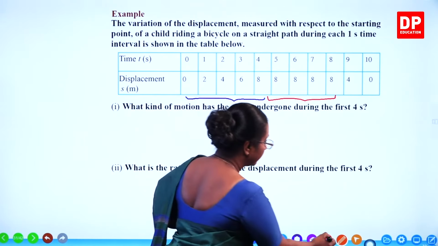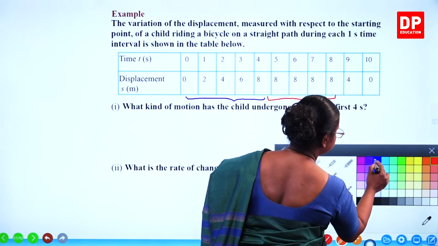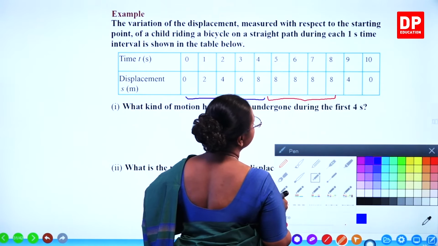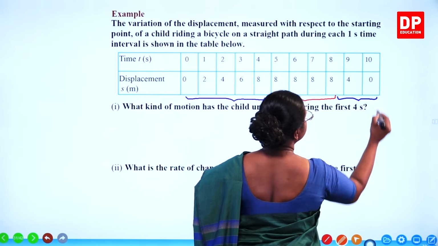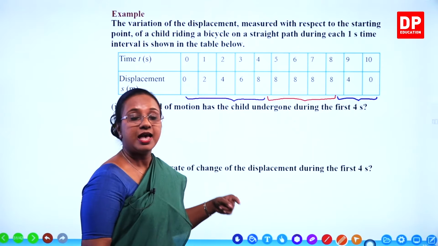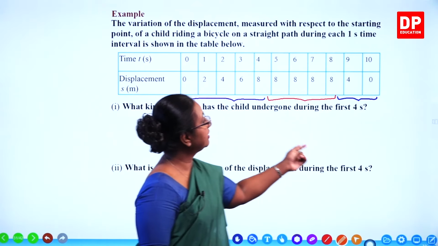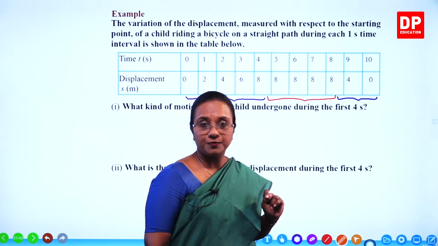Then if you look at the last few seconds, from 8 seconds to 10 seconds, again the displacement changes and it decreases and comes back to 0.